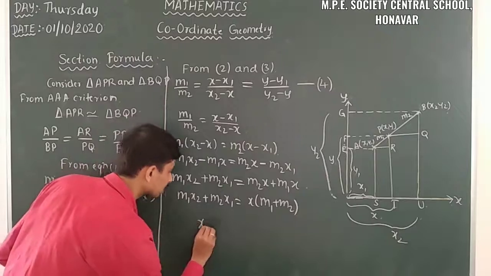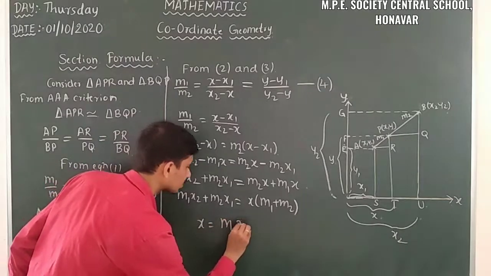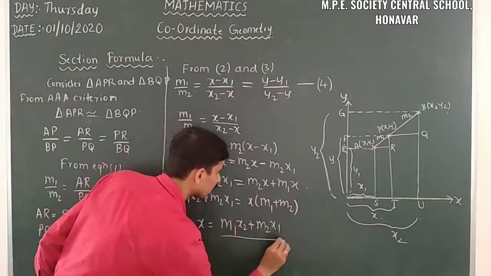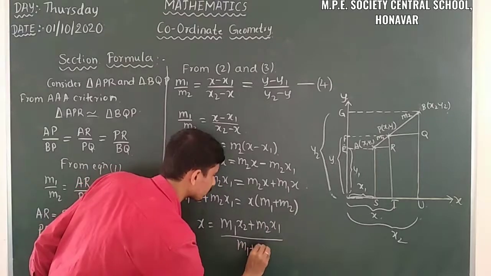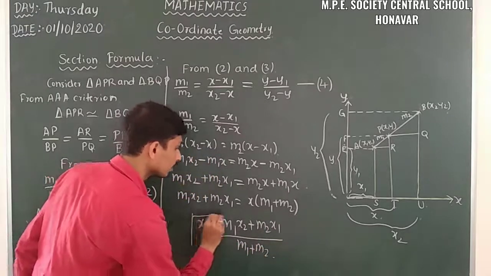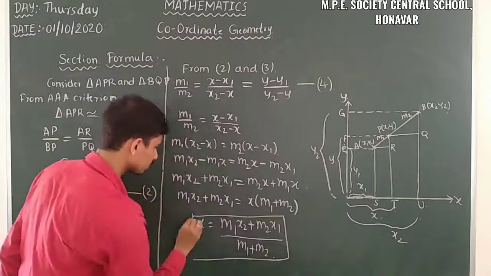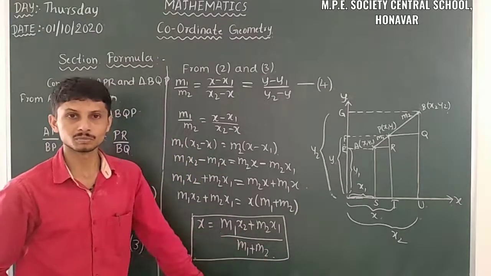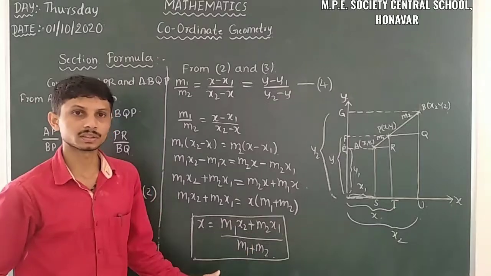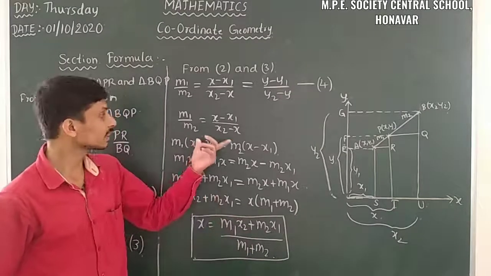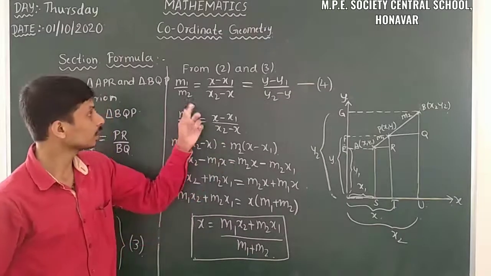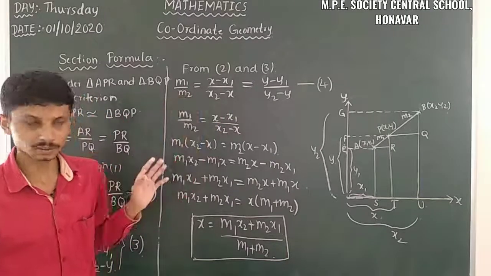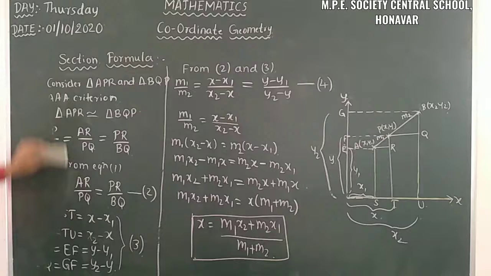What happens here? x is equal to m1x2 plus m2x1 divided by m1 plus m2. So this is the relationship between x1, x2 and m1 and m2. This relation we want here. So let us take another relation, that is m1 by m2 is equal to y minus y1 by y2 minus y. So here I will draw this part.